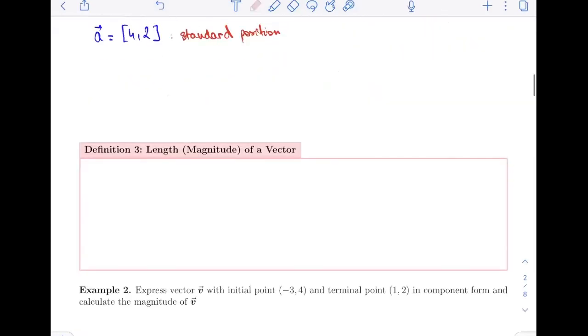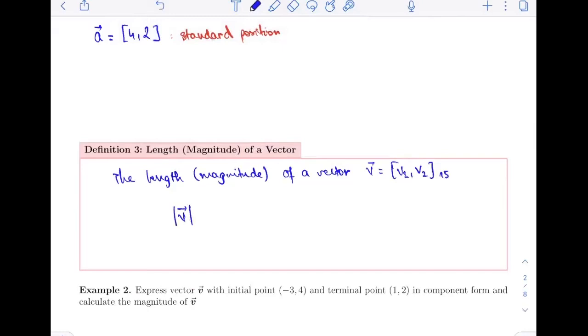So the idea of the length, or the magnitude, of the vector v, let's say v is equal to v1, v2. The notation is kind of an absolute value of the vector, but in this context, these notations indicate that this is the magnitude of a vector.